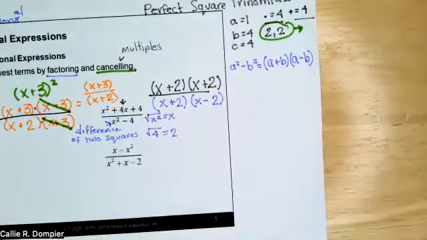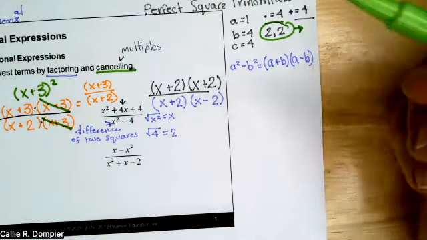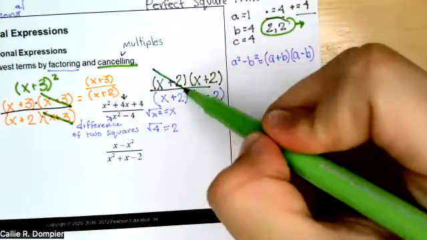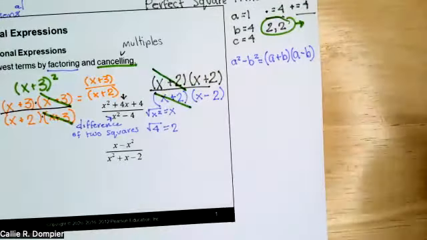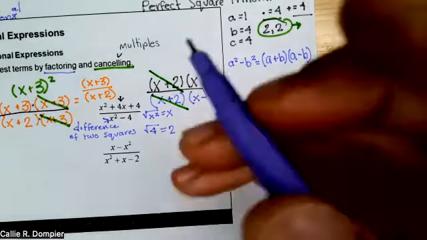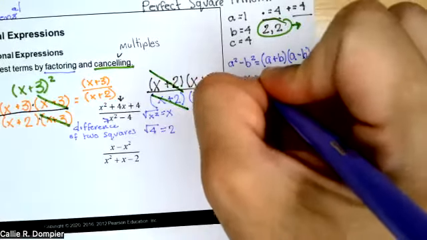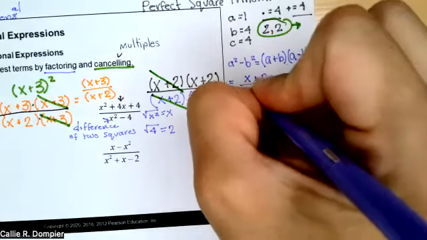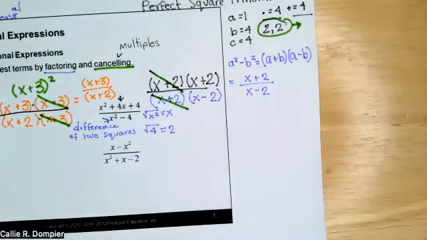That's how we got those. And then we just look at it and we think x plus 2 and x plus 2 can cancel out. So our final answer is x plus 2 over x minus 2. And you can include the parentheses or not, it does not matter.